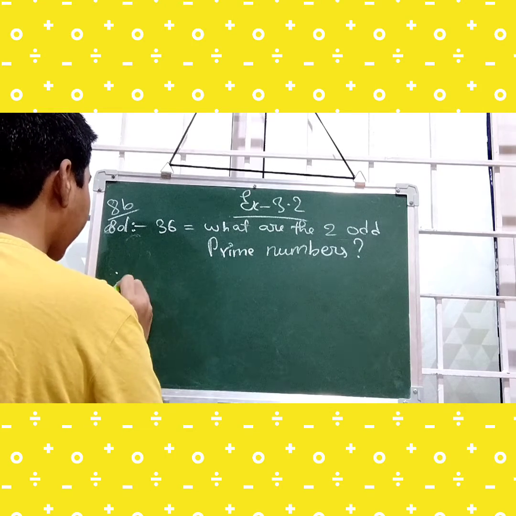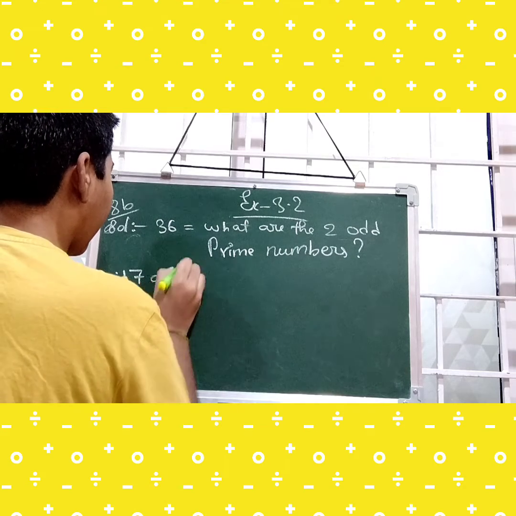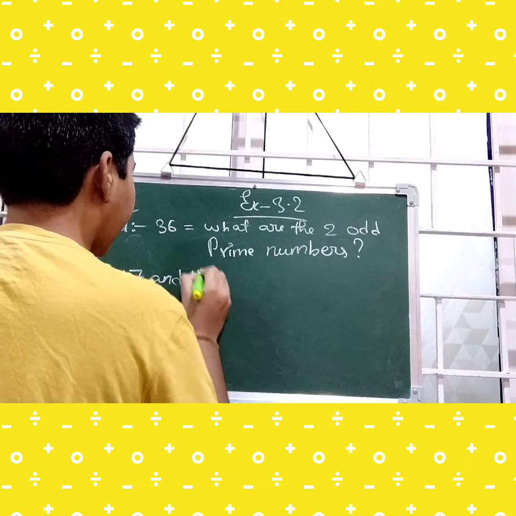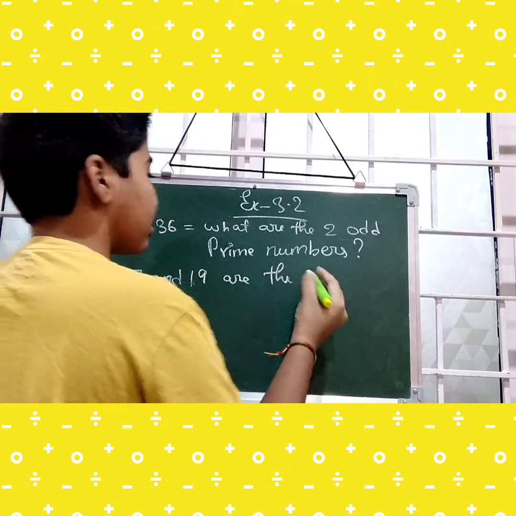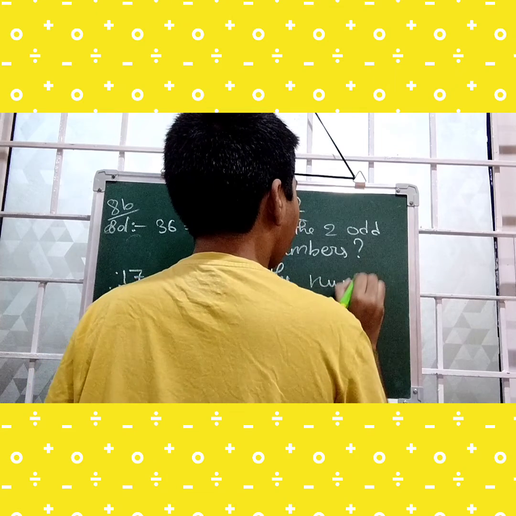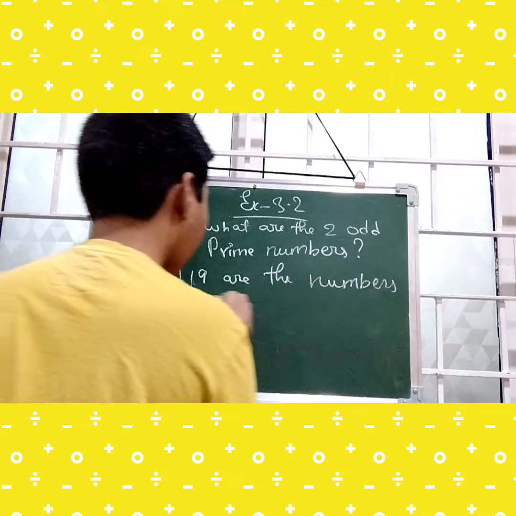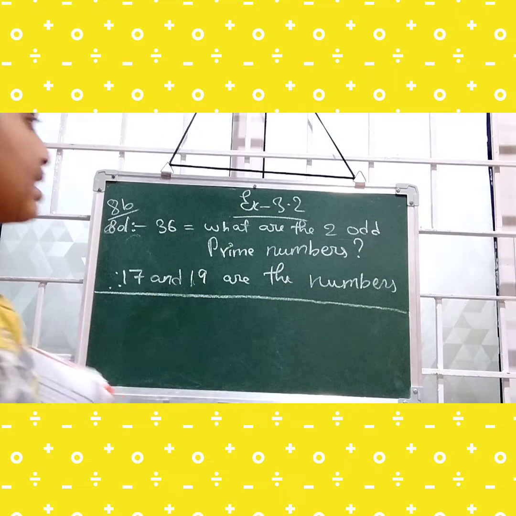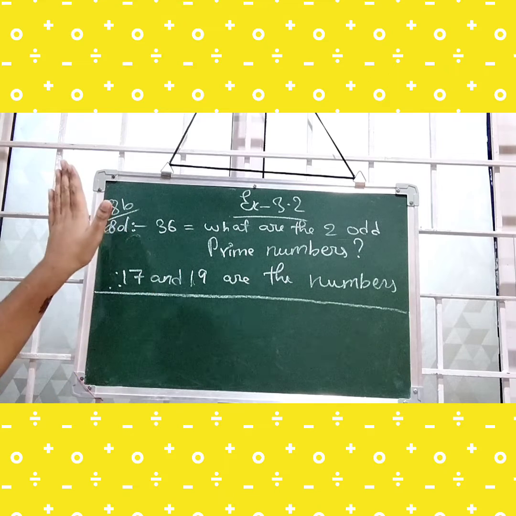Therefore 17 and 19 are the numbers. So these are the numbers which we have got.